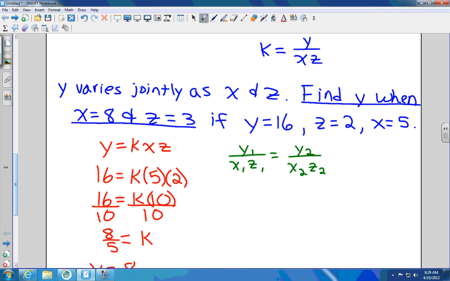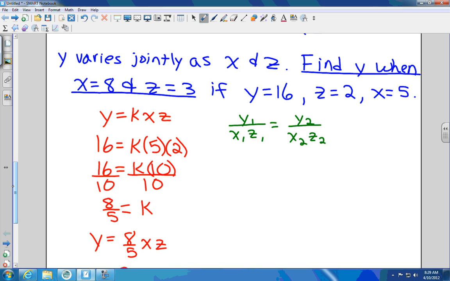Just the y2 is the only thing you don't know. You know all the rest. So what's y1? 16. x1 is 5. And z1 is 2. Equals, and again, y is the one you don't know. And the other x and z was 8 and 3.